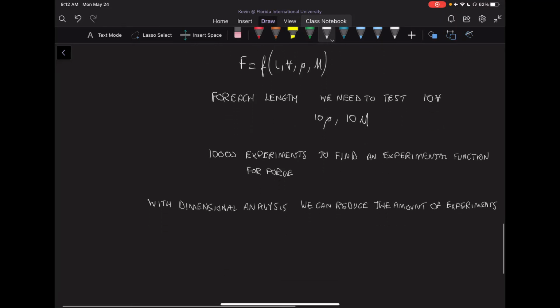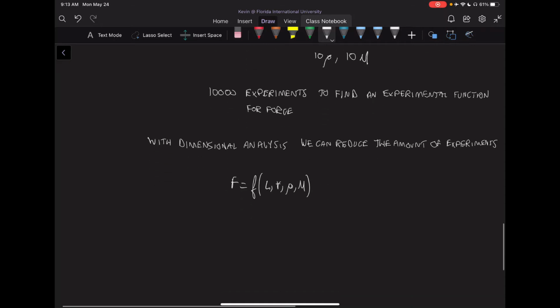And how we're going to do this is we're going to actually reduce our equation and change our function to have one term as a function of another. So we started with force is equal to a function of length, velocity, density, and mu. And we can reduce it to the following. So what if we did force divided by density times velocity squared times length squared?